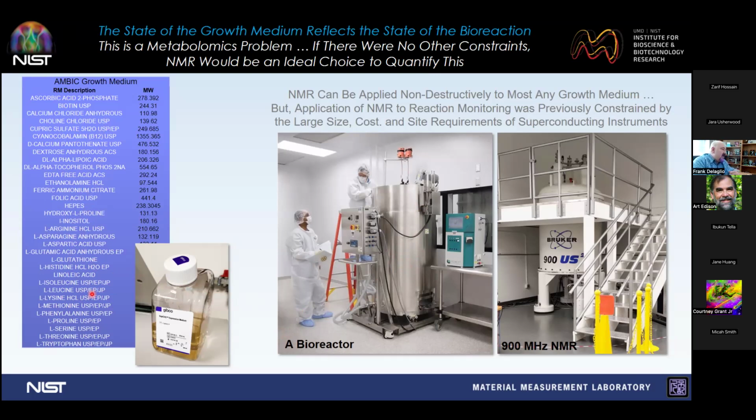You can monitor the progress of the bioreaction and understand things about it. So this is a metabolomics problem, and to do it non-destructively would be an excellent thing to apply NMR to, but superconducting NMR instruments are not very convenient to site with bioreactors.